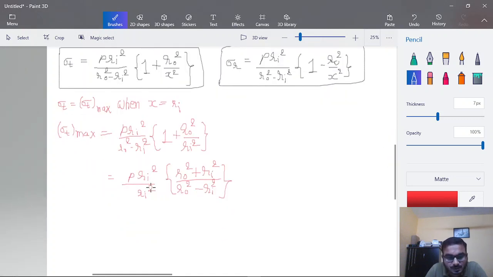So when we go further, this will get cancelled, and it is equal to P into Ro square plus Ri square divided by Ro square minus Ri square. So this is the maximum value of tangential stress.